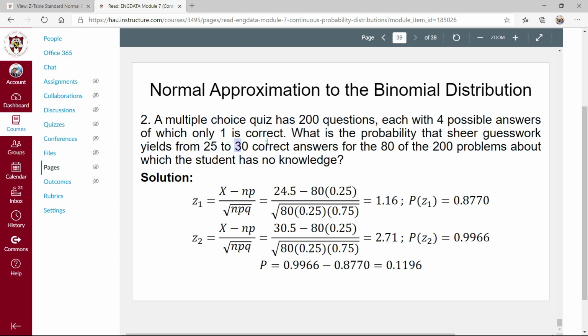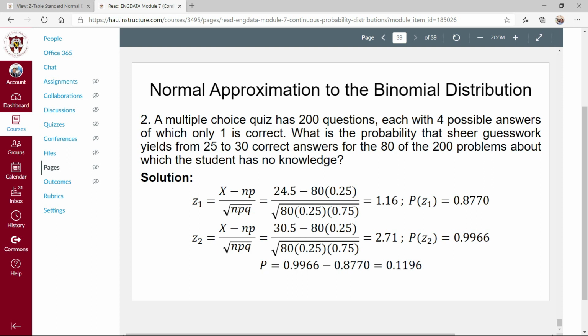The lower boundary of 25 is 24.5, and the upper boundary of 30 is 30.5. So you'll have your x1 as 24.5 and x2 as 30.5, and the number n will be 80 out of the 200 problems. So your n is 80, and the probability of success is 1 out of 4, and the probability of failure is 3 out of 4. Three out of those 4 possible answers are incorrect.